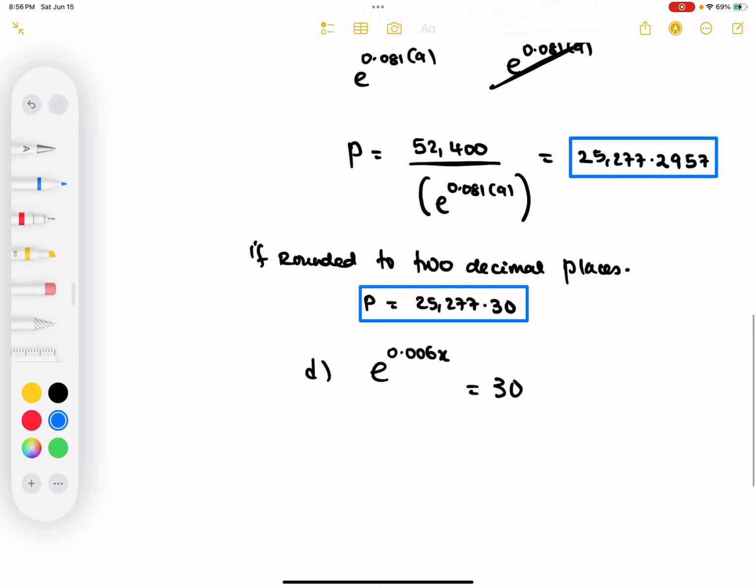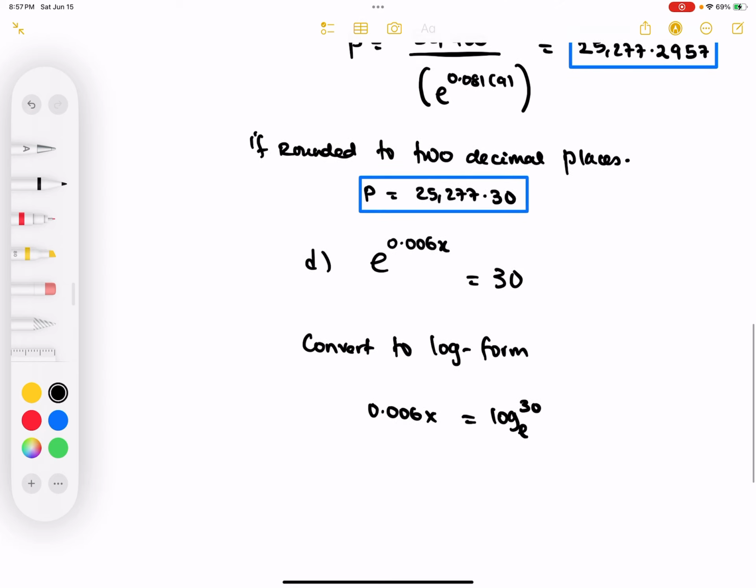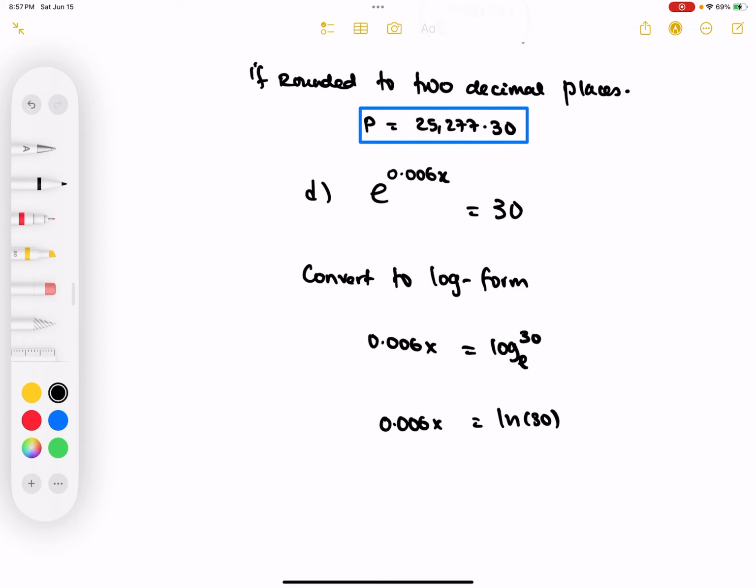Okay, the last question. We have to apply the same thing here. First, convert to log form. When we convert to log form, this becomes 0.006x is equal to logarithm of base e of 30. Remember, on your calculator, base e is ln, so ln of 30. To find x, divide both sides by 0.006.